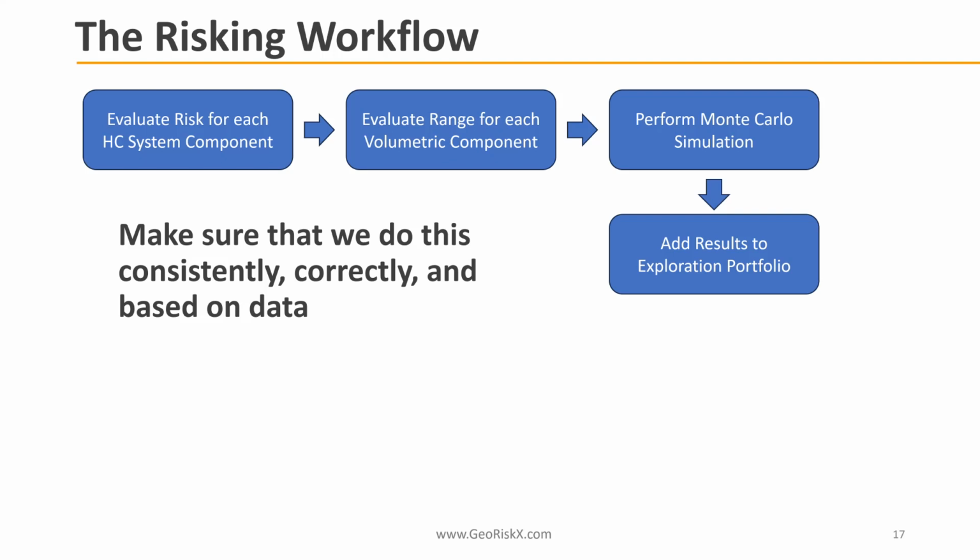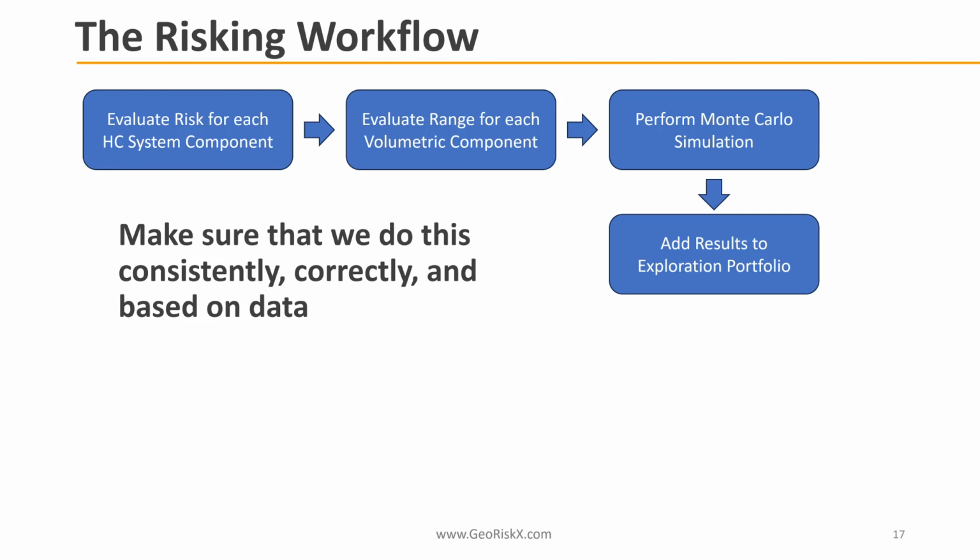Once we have that range of outcomes, we are then going to combine our risk assessment and our volumetric assessment through a Monte Carlo simulation. And then we're going to add those results to our exploration portfolio, our database of exploration opportunities. And that is the basic workflow that we're going to use.